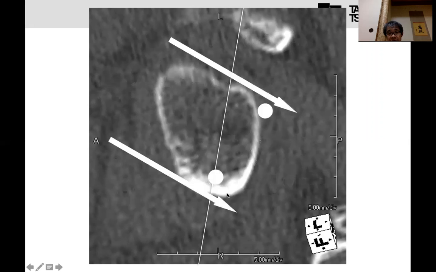But if we insert here and here, inserting the pin as posterior as possible to touch the posterior cortex, in this situation the second pin can be inserted outside of the bone. But on this AP view, this pin is inferior to the anterior superior cortex of the femoral neck.